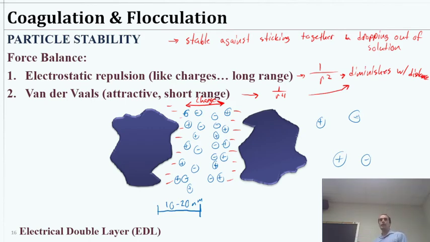And then if we start adding, instead of just a +1, if we add a +3 charge, it's going to satisfy 3 charges worth of charge on our surface and really shrink things. So we'll see that in a few slides. But this is really kind of one of the main premises of our coagulation. We choose a coagulant that can manipulate these charges and promote these van der Waals sticky forces.